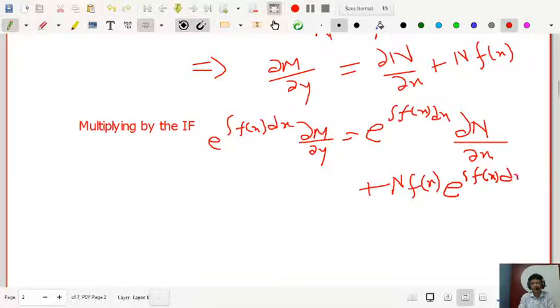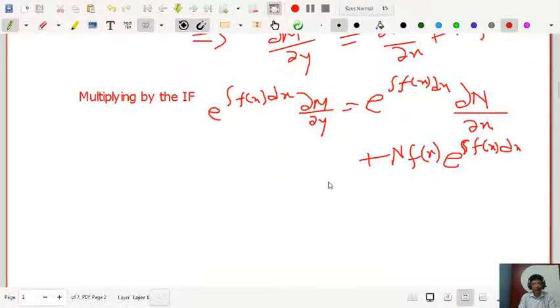So I am multiplying throughout the equation with this integrating factor.